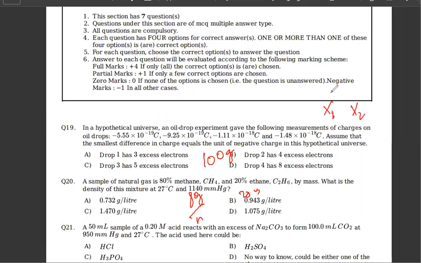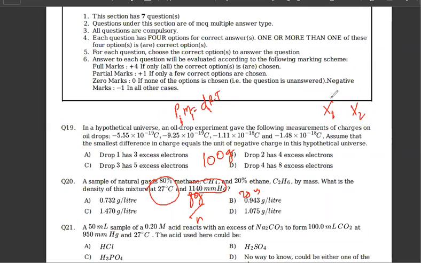Now, how can you find density? Just think about it. What is the formula? Pressure is given, temperature is given. PM is equal to dRT, right? So partial pressure P1 into molecular mass is equal to density into RT.